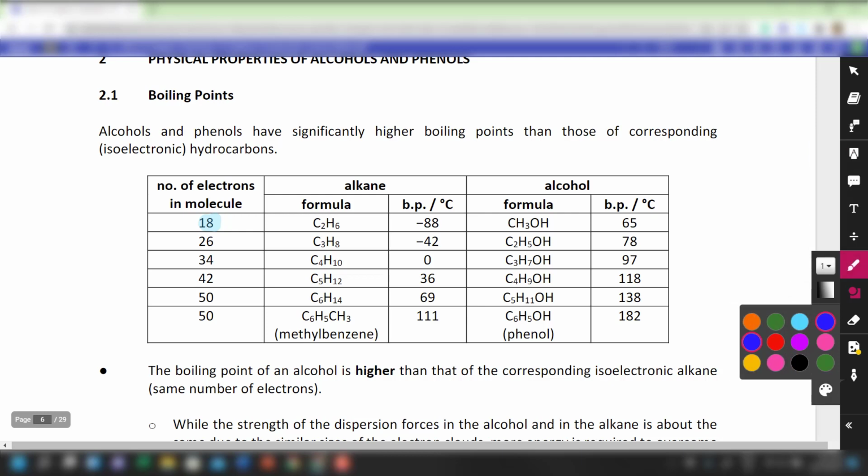Yeah, so you can see that the presence of significant hydrogen bonding results in a large discrepancy between the boiling points of two molecules having similar relative molecular mass.